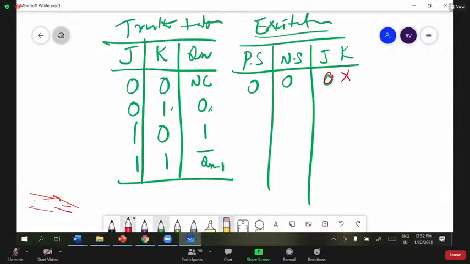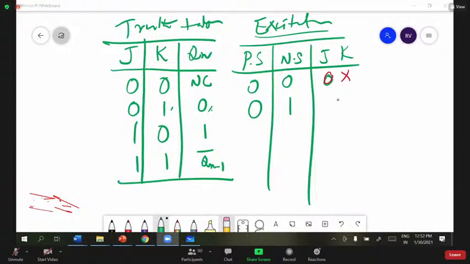Now, when the present state is 0, the next state is 1. Now you tell me the JK inputs. J is 1, K is don't care. 0 has become 1.